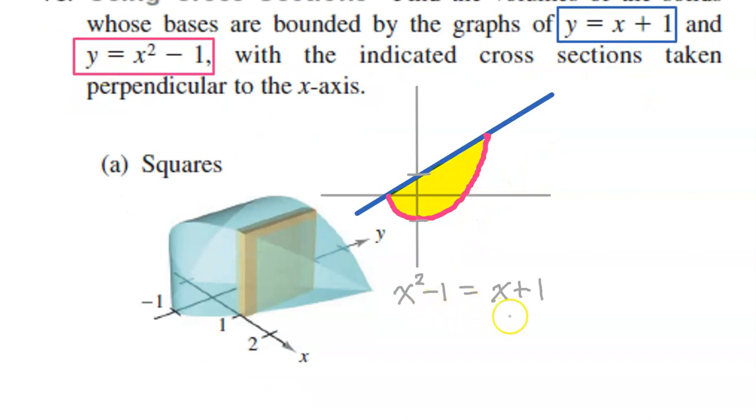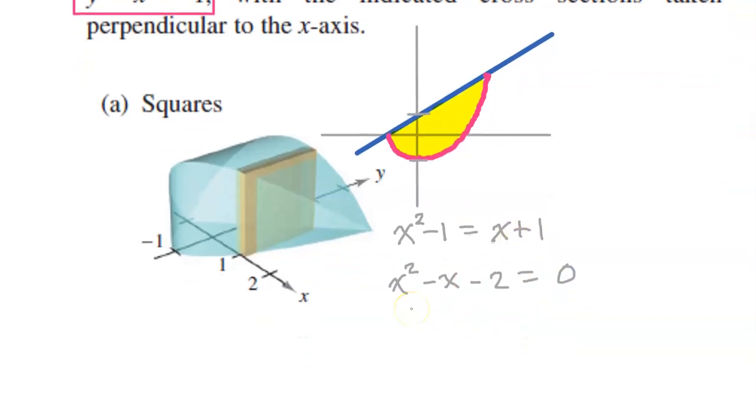So let's set the two curves equal to each other and solve for x. If we subtract x from both sides of the equation, we have x squared minus x. If we subtract 1 from both sides of the equation, we have minus 2 equals 0. This trinomial is probably factorable, so let's give that a try.